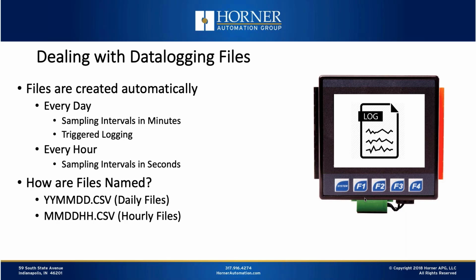Why is that? We want to make sure that if you are sampling as fast as every second, you're not creating humongous files that are going to be difficult to deal with. So if you are sampling every second, worst case scenario, you'll have a file that is created every hour, so that file doesn't get too large.